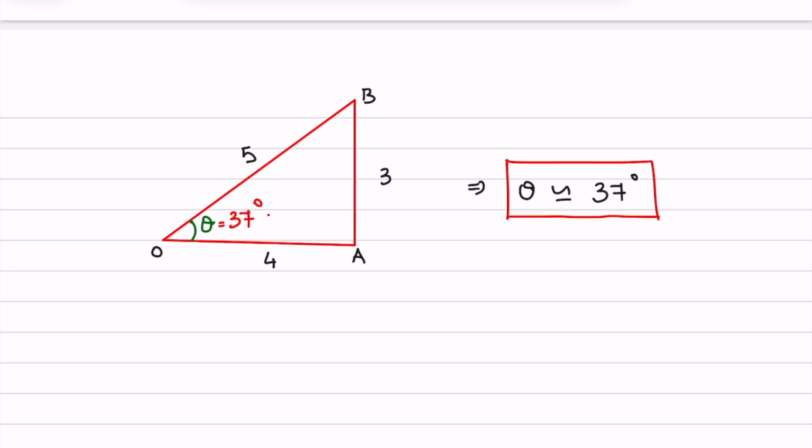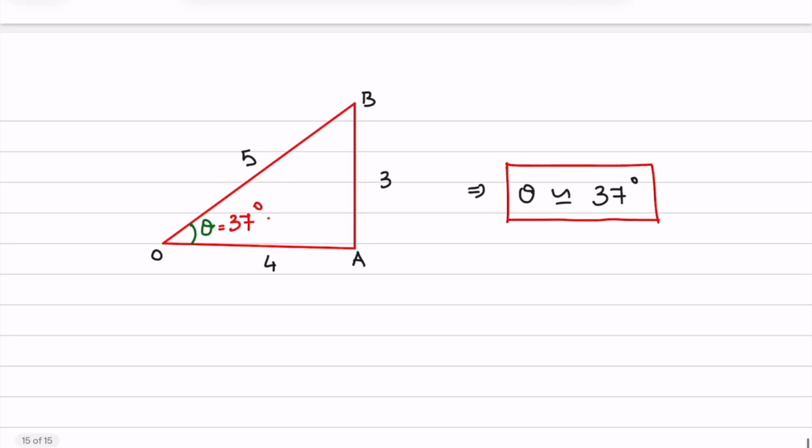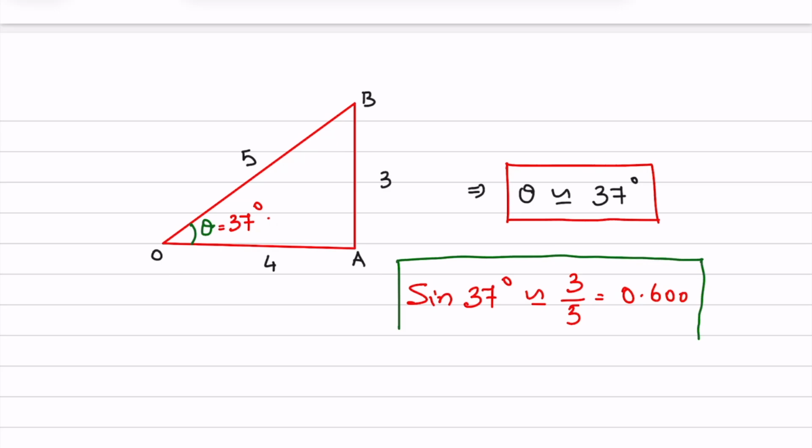That means sin 37 degrees is equal to 3 by 5, that is equal to 0.60. These are approximate values. Don't take them as exact values because we don't have a calculator. We are doing it approximately. Exactly, it may be around 37.53 degrees.